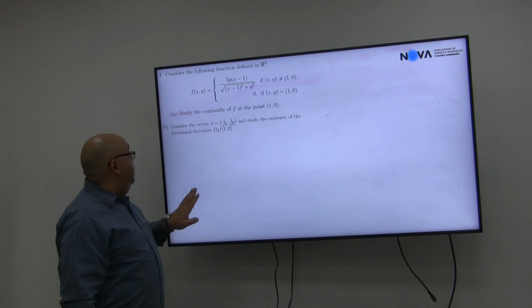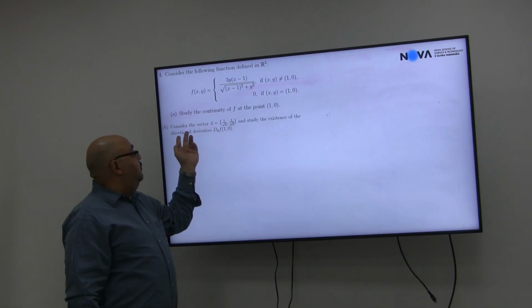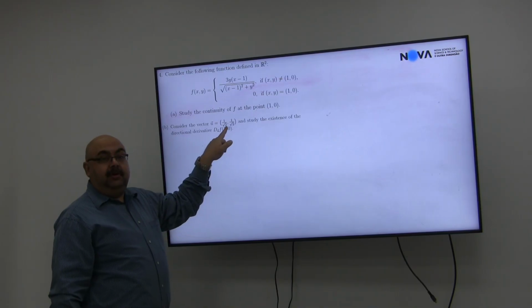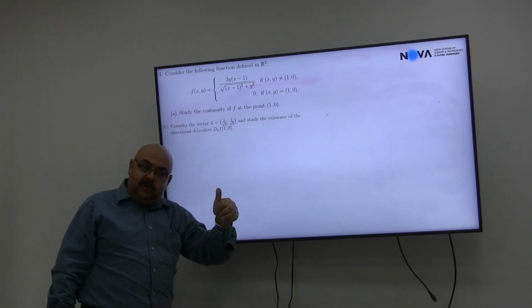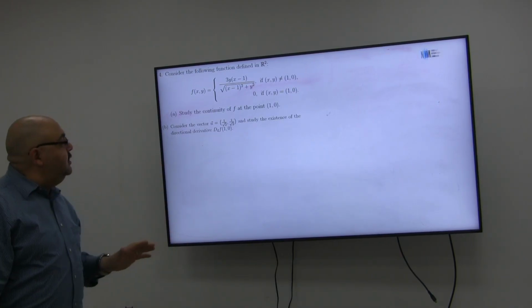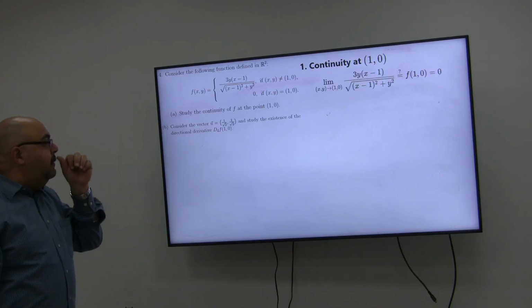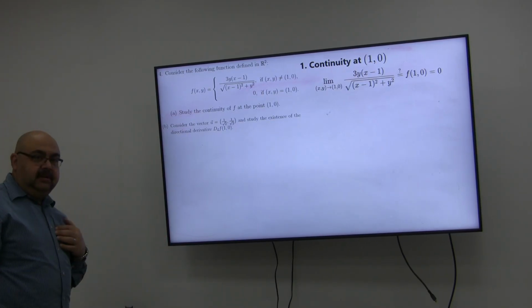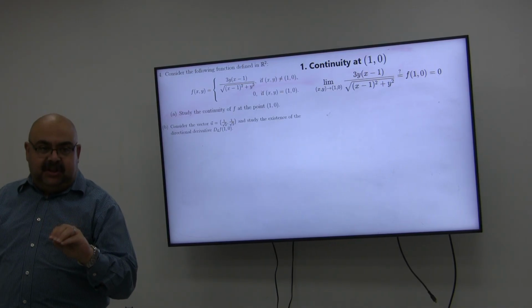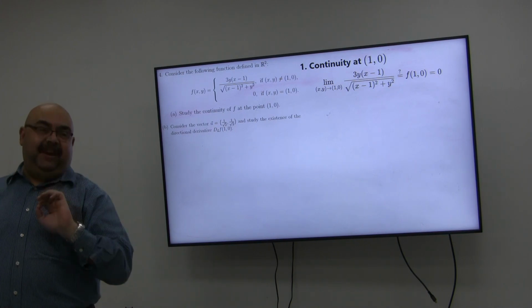And then, consider the vector, and study the existence of the directional derivative at 1 and 0 in this direction. So you have the function, you have the direction, and so on. It's very, very simple. If I want to prove the continuity at 1 and 0, all I have to prove is that the limit of the function exists and is equal to the value of the function in the definition.